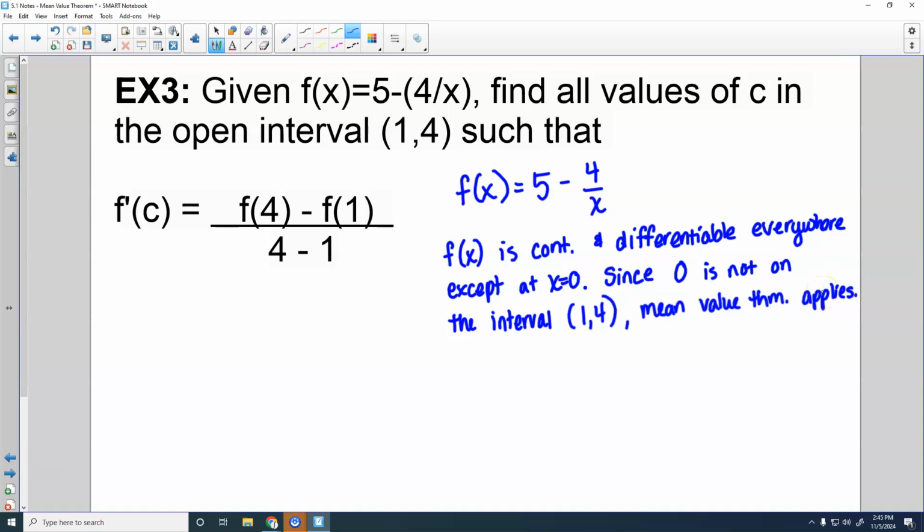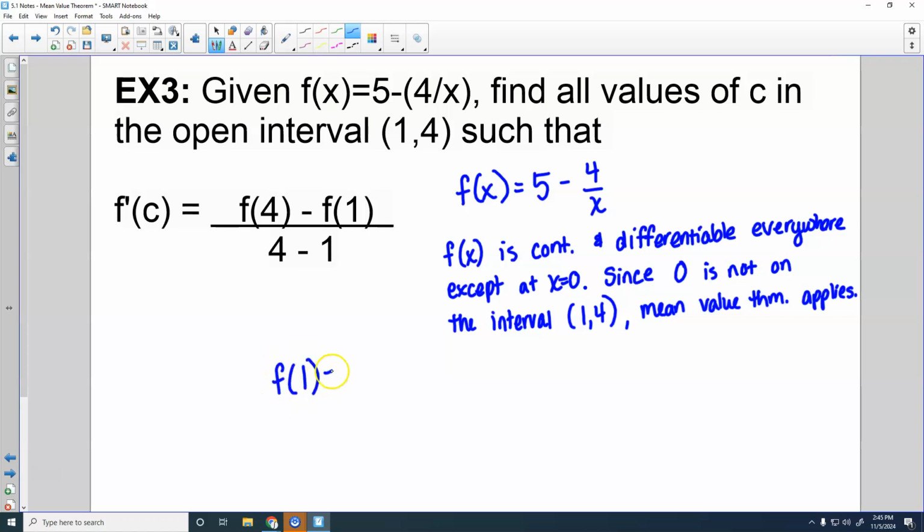Okay. So what we need to do is find the slope between the endpoints. And to do that, we need to know the endpoints. Ethan, what are we going to do to find the endpoints? You gotta plug it into f, like do f of 1 and f of 4. Very good.